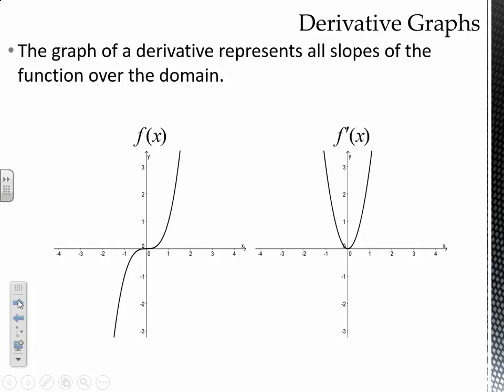Notice how we are increasing the entire time for our function, which means our slopes will always be positive, so our derivative is positive. Now, do you notice how we increase slower, like we increase, but we kind of slow down, and it kind of flattens out here?